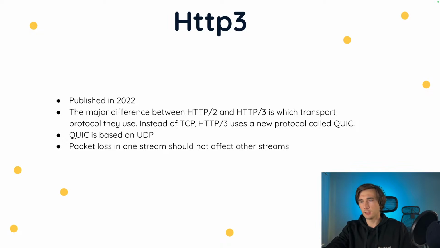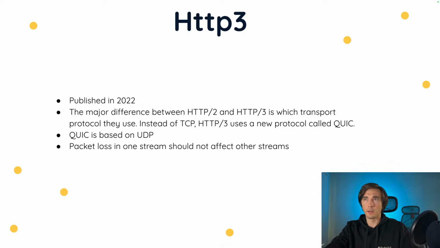And the major difference here, comparing HTTP2 and HTTP3: HTTP3's goal is to avoid the problems that HTTP2 has. And the major problem for HTTP2 is possible slowness in unstable networks with big packet loss.